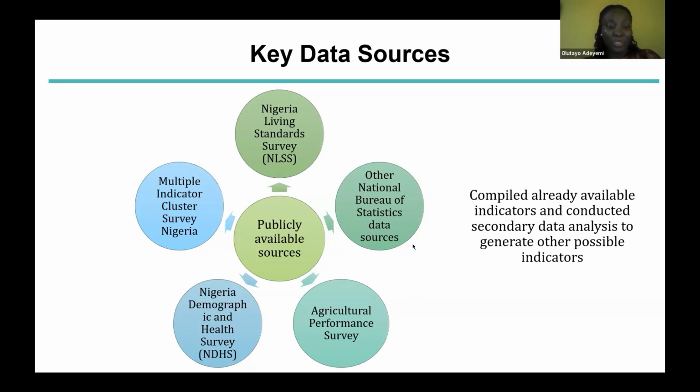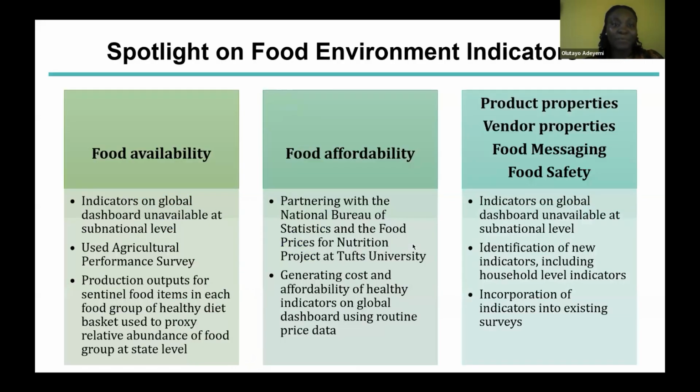So we used only publicly available data sources. And some of the indicators we could obtain directly from the reports, but for additional indicators, we actually had to engage with experts who could analyze data to compute the indicators for us.